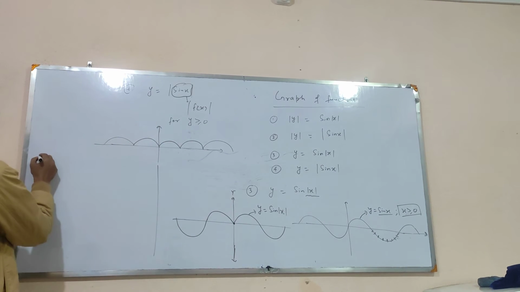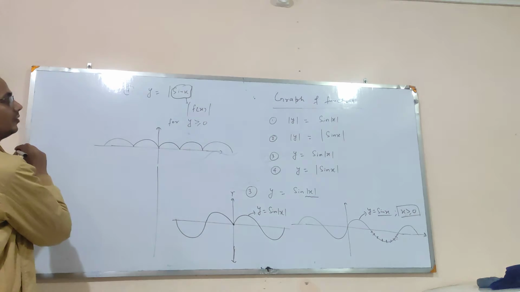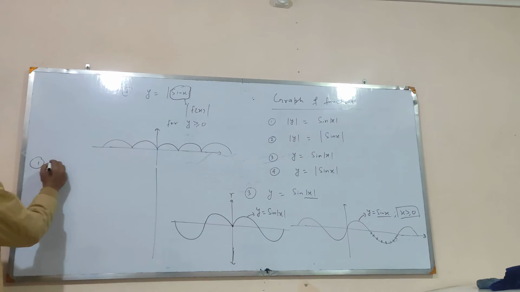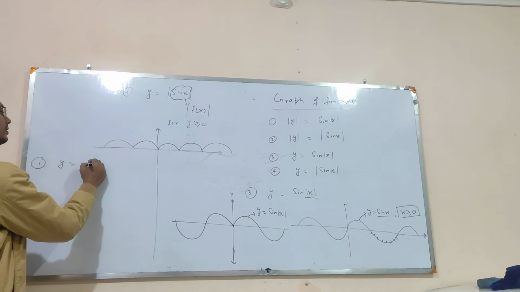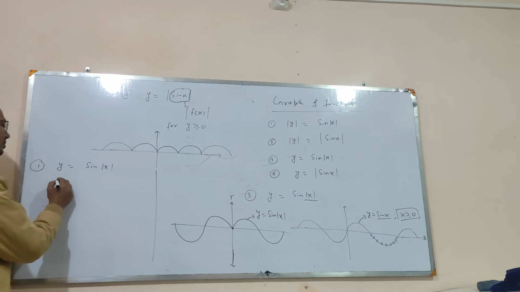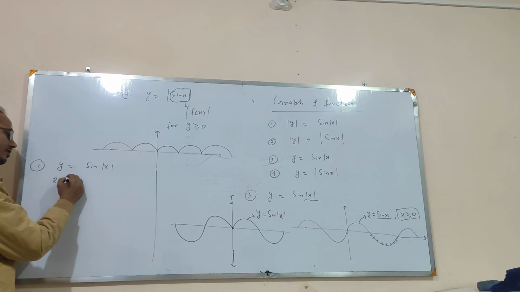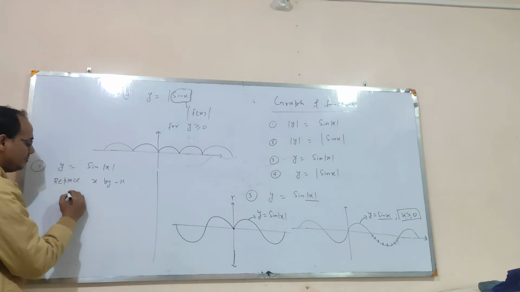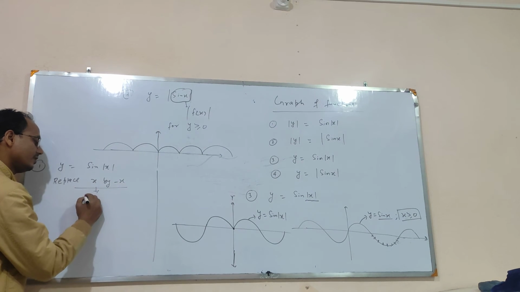Now we are going to draw the graph of the first question, mod y equal to sine of mod x. Now we have a technique here. We will just replace x by minus x and see if there is any change.